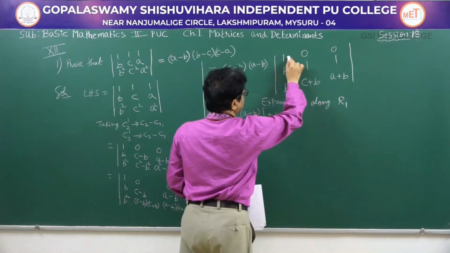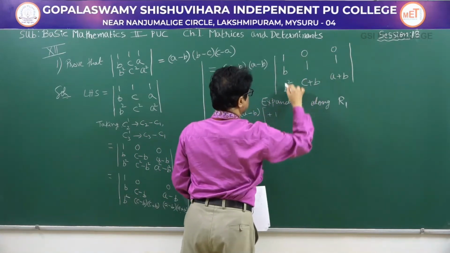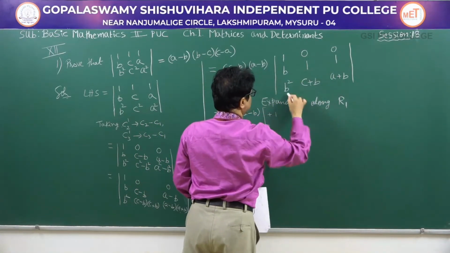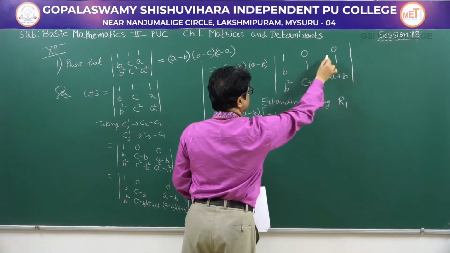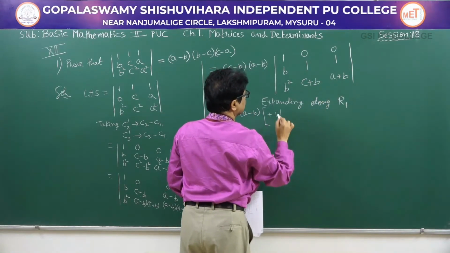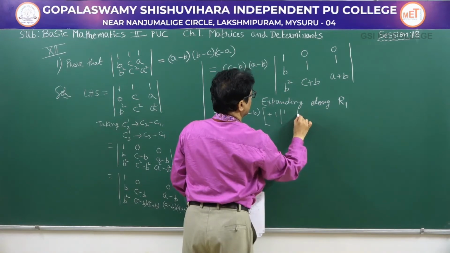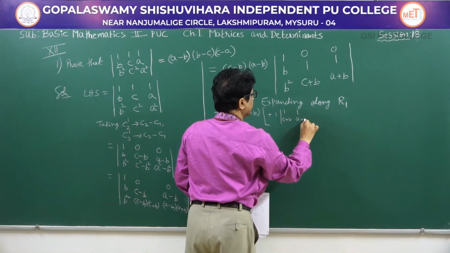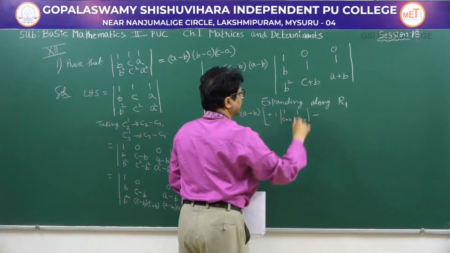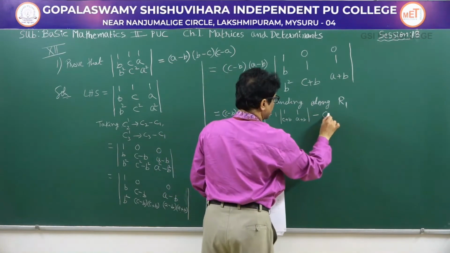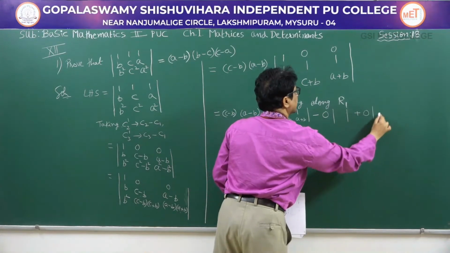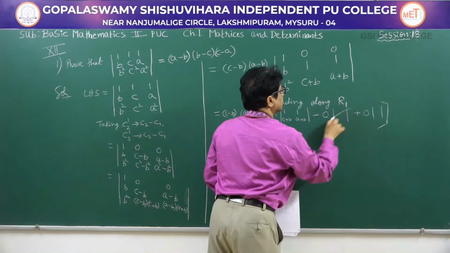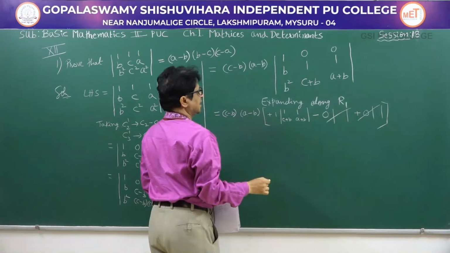So, 1 lies in the first row and first column. We eliminate the first row and first column taking the determinant of the remaining elements, that is determinant of 1, 1, C plus B, A plus B, minus 0 plus 0 into determinant of. These two terms will get cancelled.